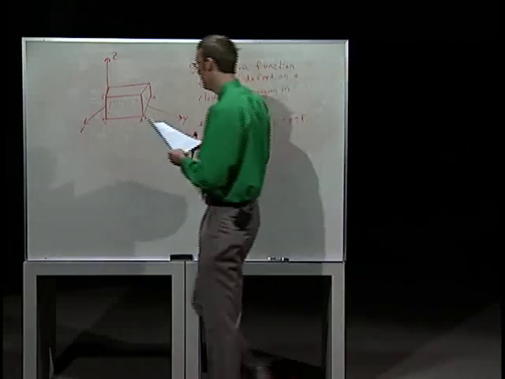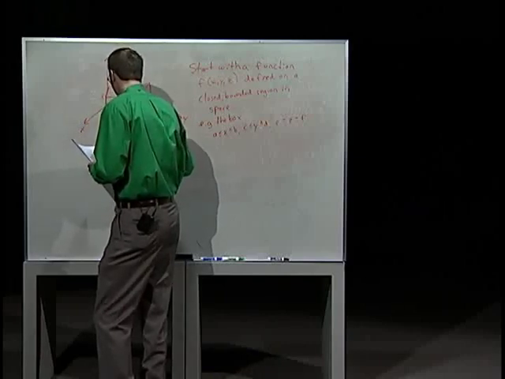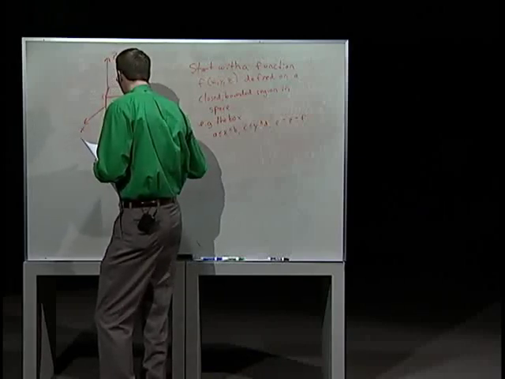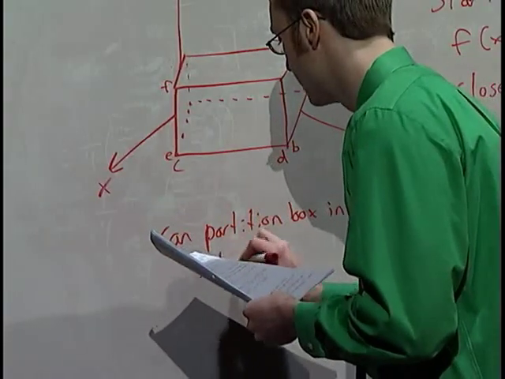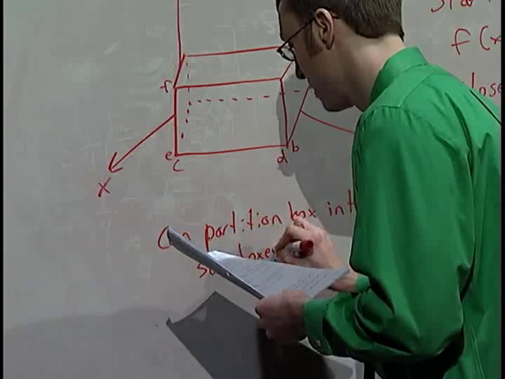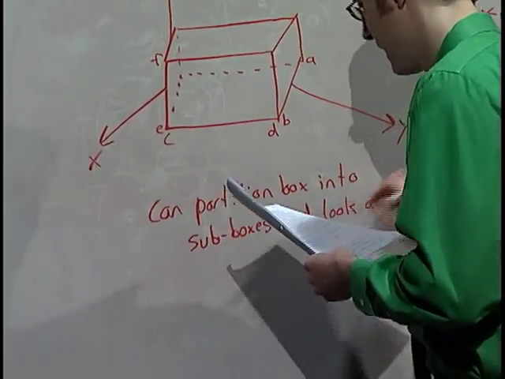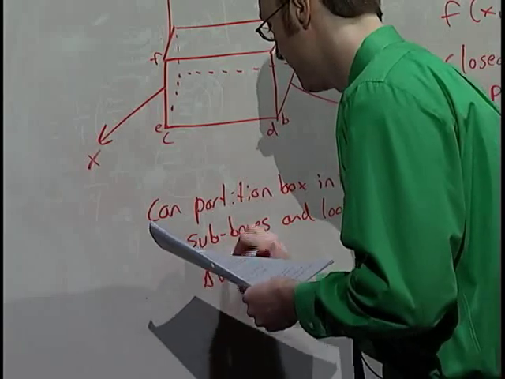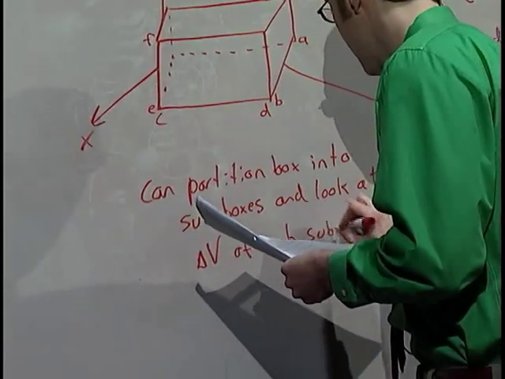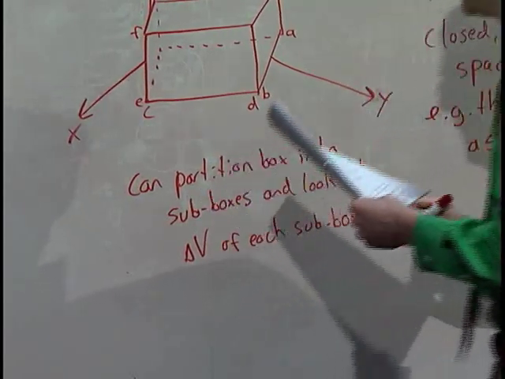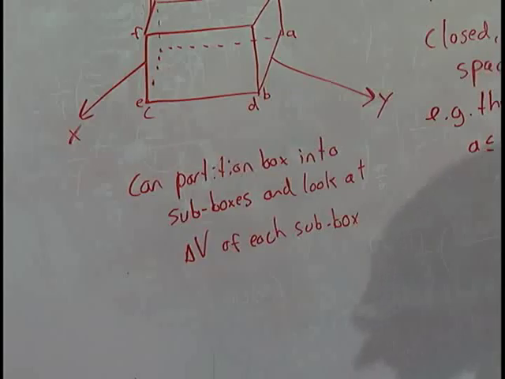Okay? And the idea is we can partition the box into sub-boxes and look at delta V of each sub-box, right? So we looked at delta A for each sub-rectangle in the plane.